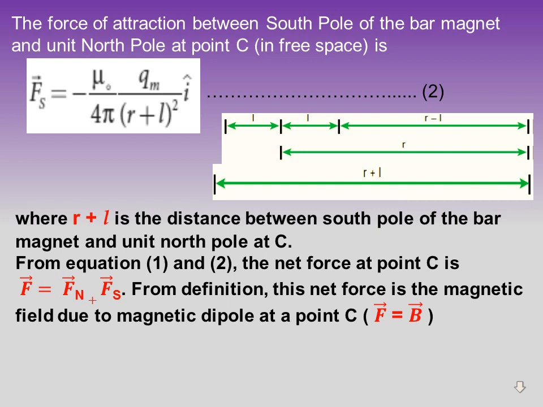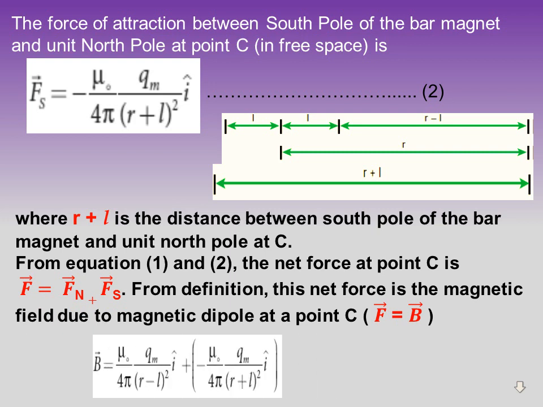Now, from equations 1 and 2, the net force at point C is F vector equal to Fn plus Fs vector. From the definition, this net force is the magnetic field due to the magnetic dipole at point C, so F vector is equal to B vector.